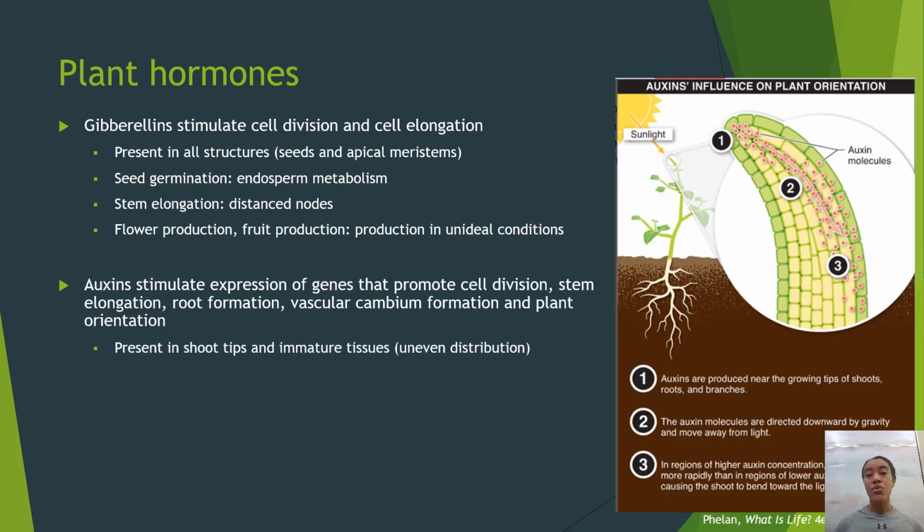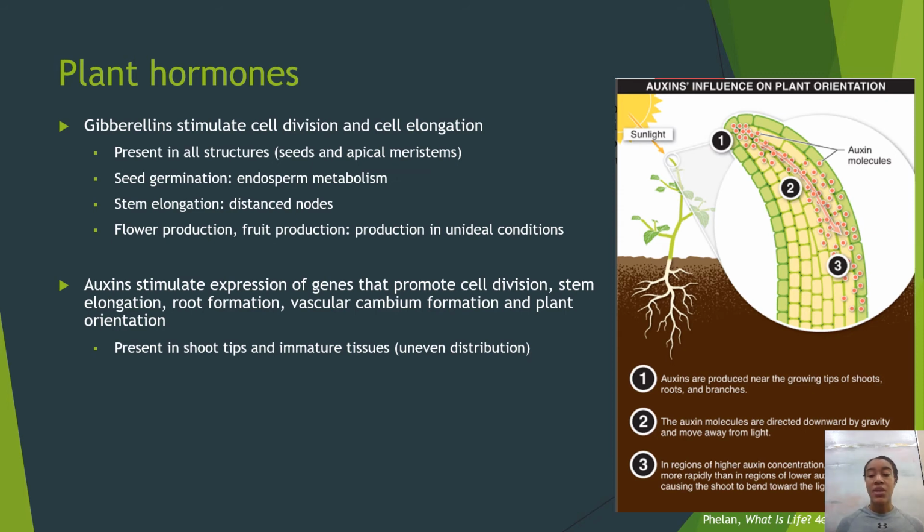The next category of hormones are auxins, and auxins play a role in cell division and stem elongation as well. So they have similar roles as gibberellins, but we'll talk a lot more about auxins than we do about gibberellins in our lecture. Auxins also play a role in root formation, vascular cambium formation, and in the orientation of plants in response to environmental stimuli such as light or other organisms.